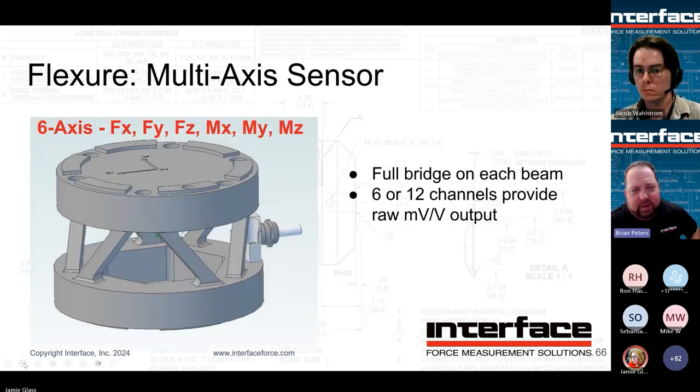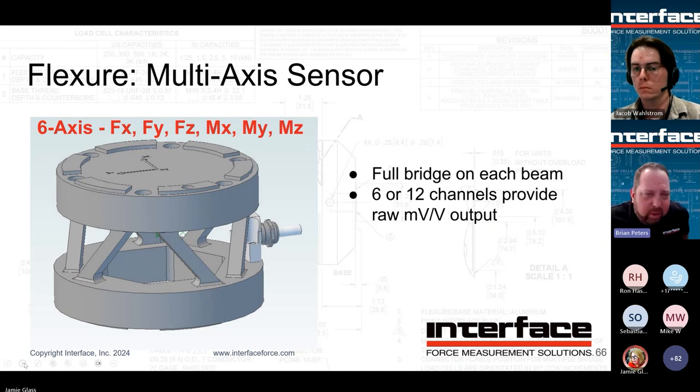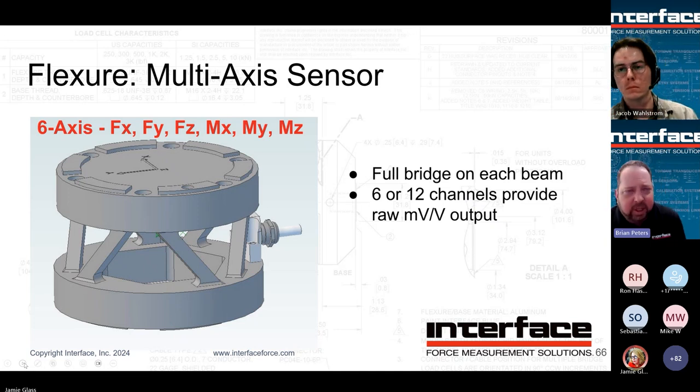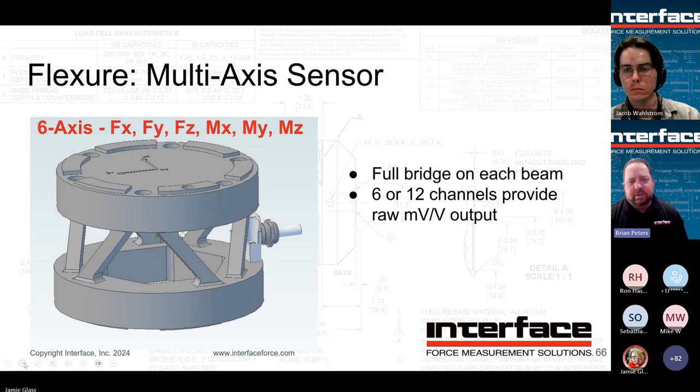So here's an example of our 6-axis sensors. These are obviously full axial as well as bending moment solutions. These are a little bit unique in that instead of having a discrete output where each channel gives you specifically an FX value or an MY value, there are 6 or in some cases 12 millivolt per volt channels coming out.